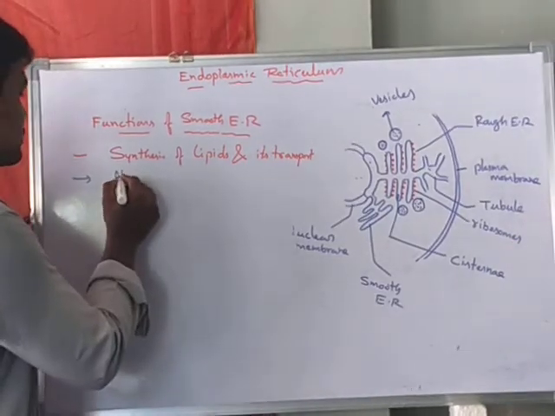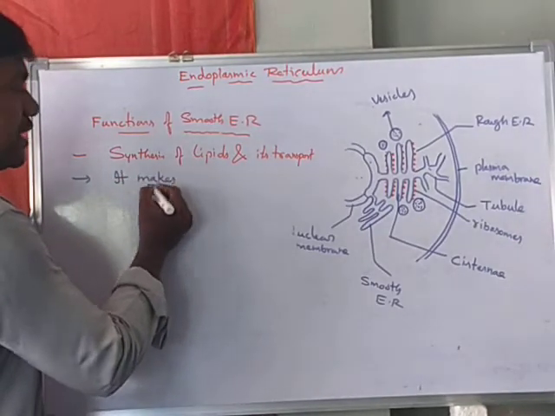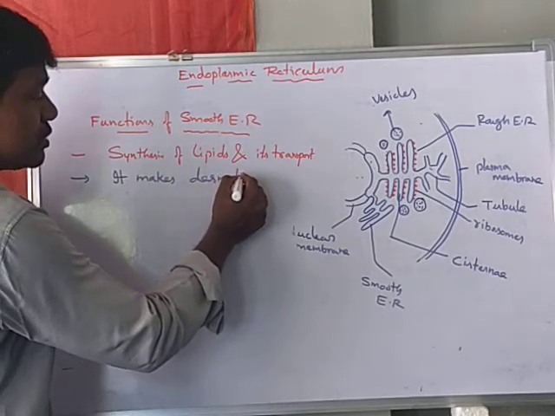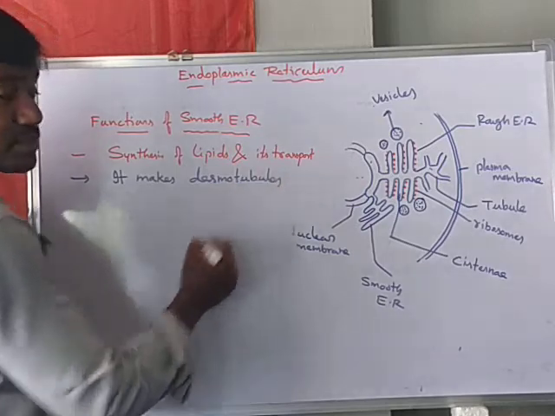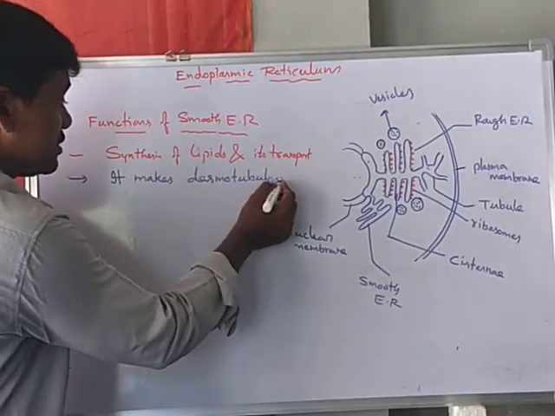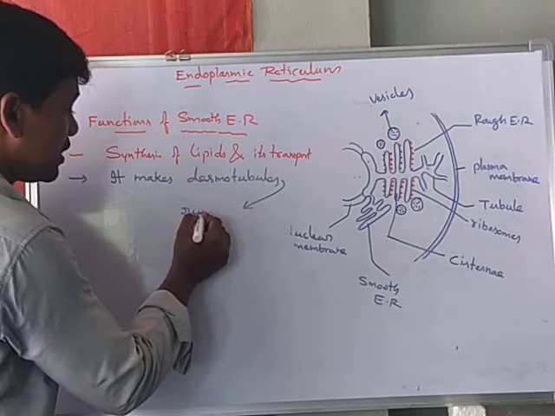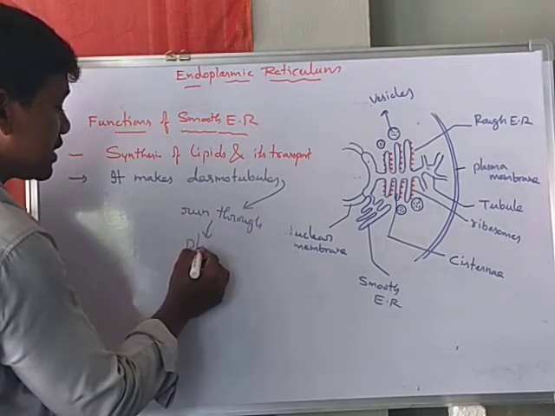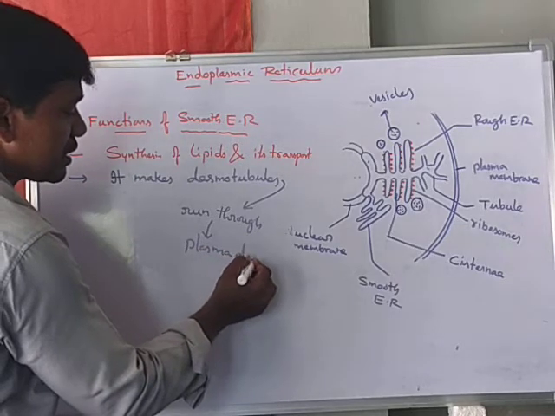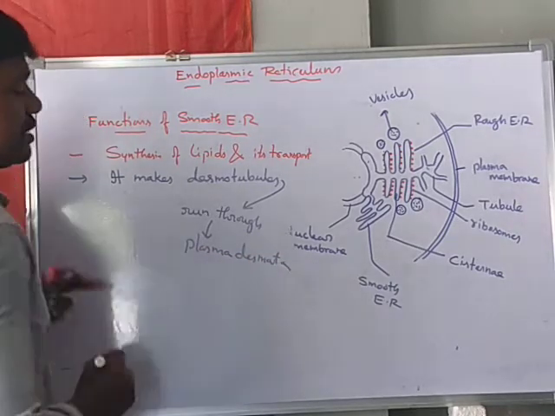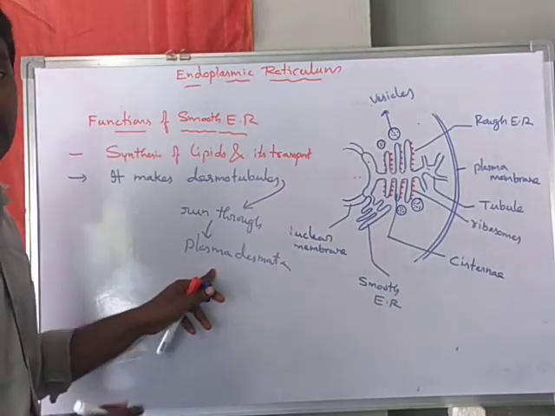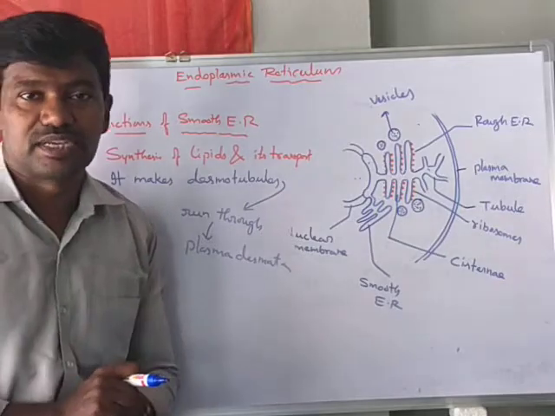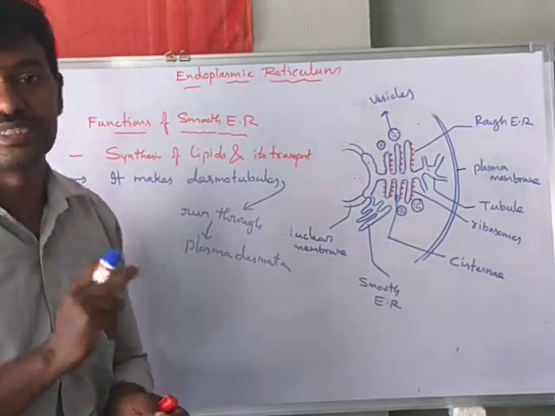It makes desmotubules. They run through plasmodesmata. Plasmodesmata is the connection between two adjacent cells.